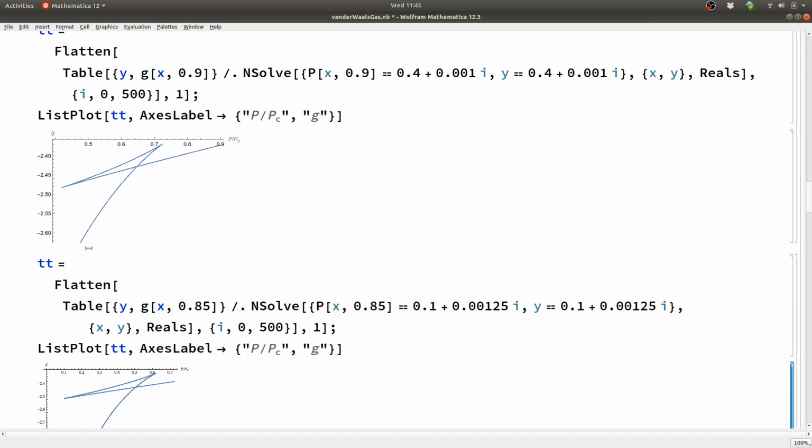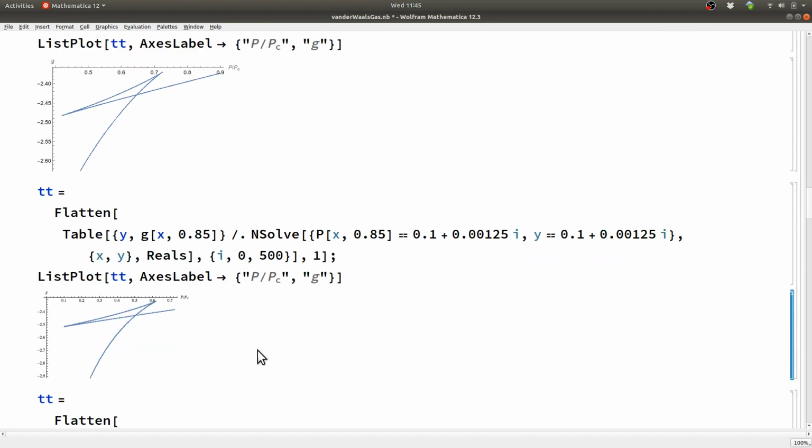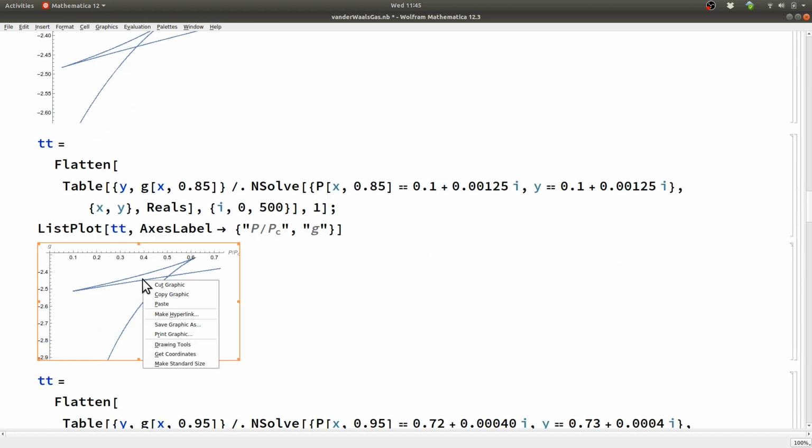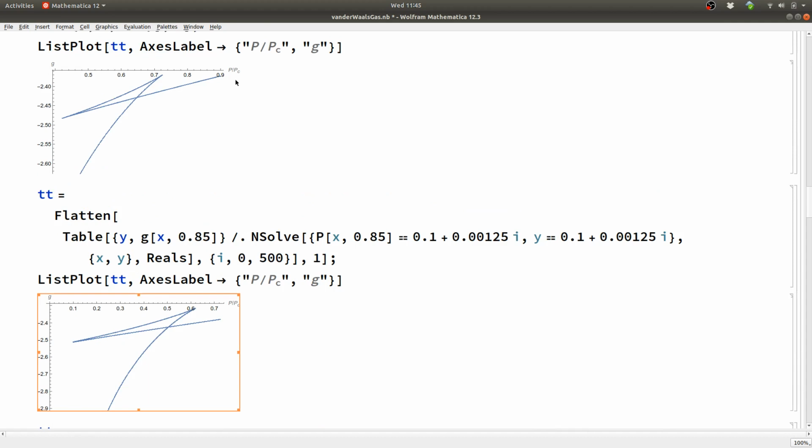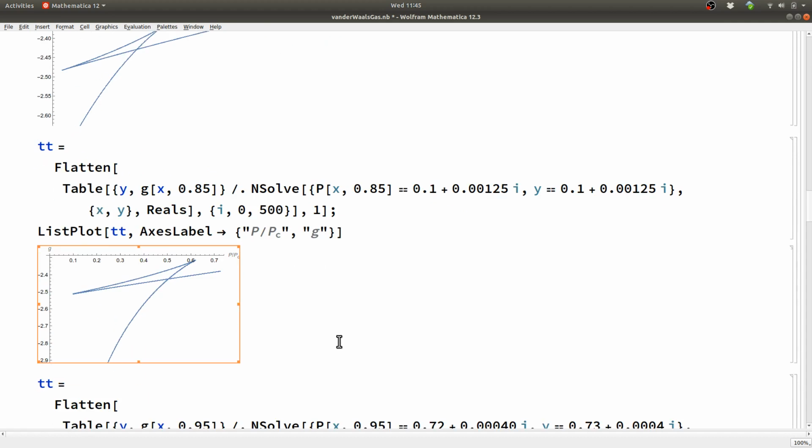So the correct way to do this is that you come here to this critical value, and this is at 0.85. I can ask it to give the coordinates. I say get coordinates and I come here. By the way, this axis is P and this axis is T. The x-axis is P by PC and the y-axis is G, and G is negative.